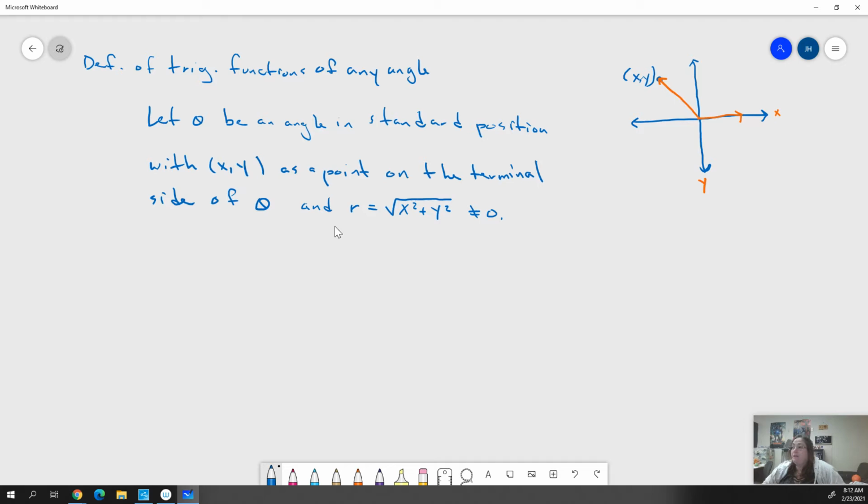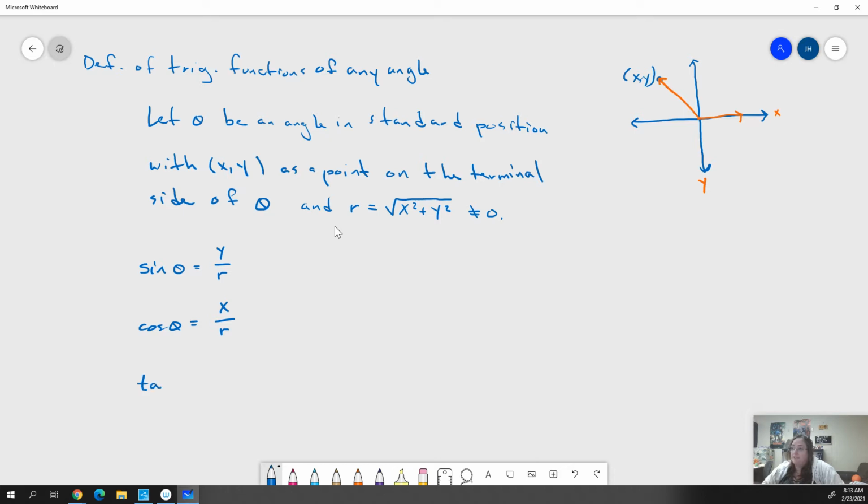And then we can break down our sine, cosine, tangent, etc. So the first thing we need to know is that sine of theta, when we're not dealing with a right angle, is y over r. Cosine of theta of any angle is x over r.